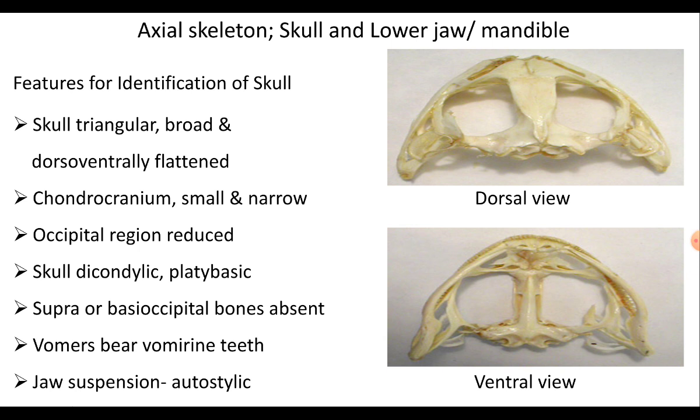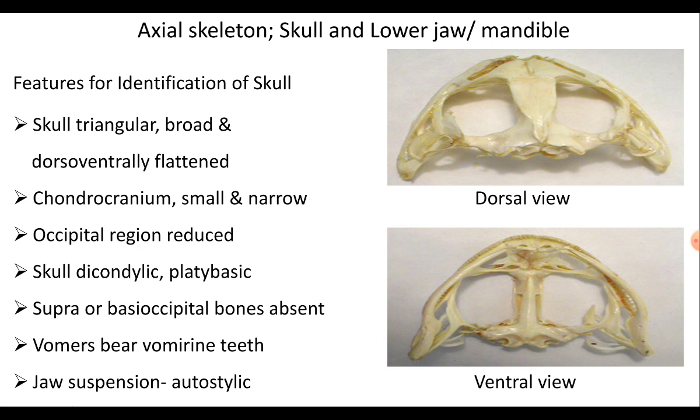In skull of frog, the supra or the basi-occipital bones are completely absent. The vomer bones bear the vomerine teeth, and the jaws are said to be autostylic because the jaw suspension is free.